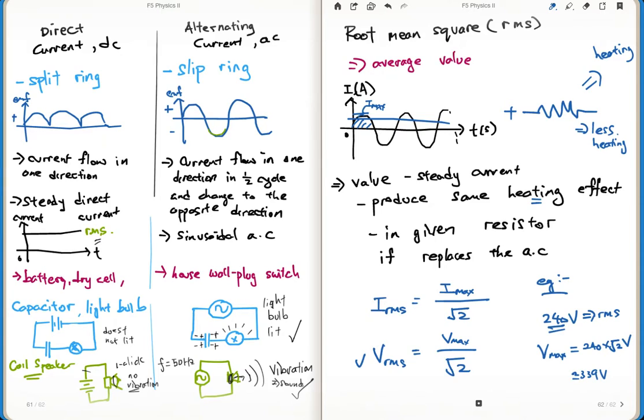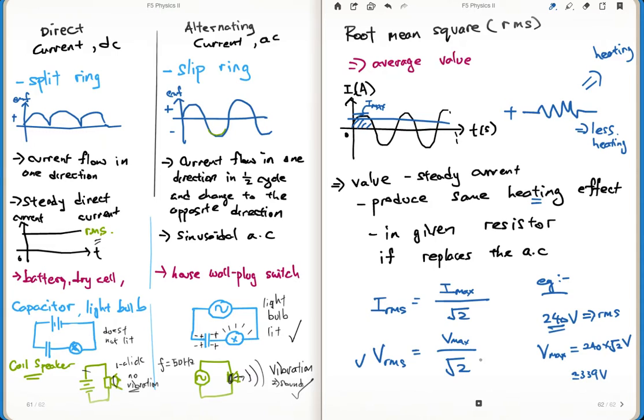So this is what it meant. Actually, the average value, where you provide a steady current, produces the same heating effect in a given resistor. So this is the equation, V is IR, so you use V max over root 2.